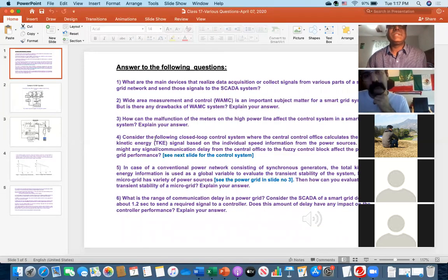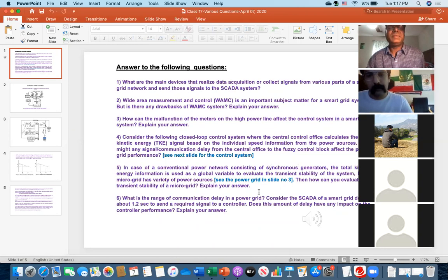Now come back to question 5. In case of a conventional power network that consists of synchronous generators, total kinetic energy information is used as a global variable to evaluate the transient stability performance of the system. But a microgrid has a variety of power sources. Now see the power grid in slide number 3, so I am going there, but let's finish the question.